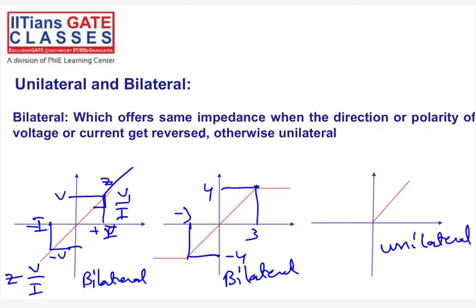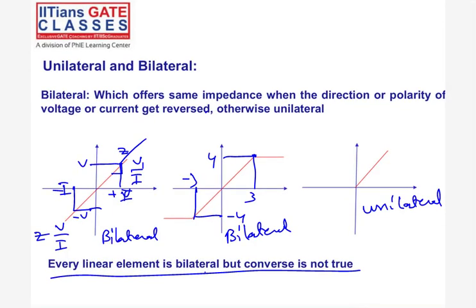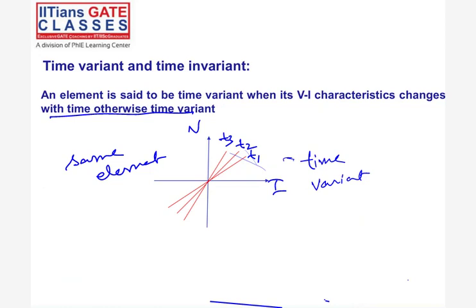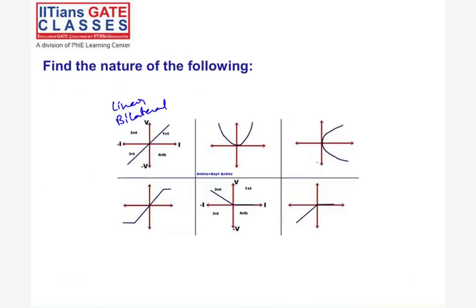Is it active or passive? The slope is positive, so this is a passive element. Okay, linear, passive, bilateral element.